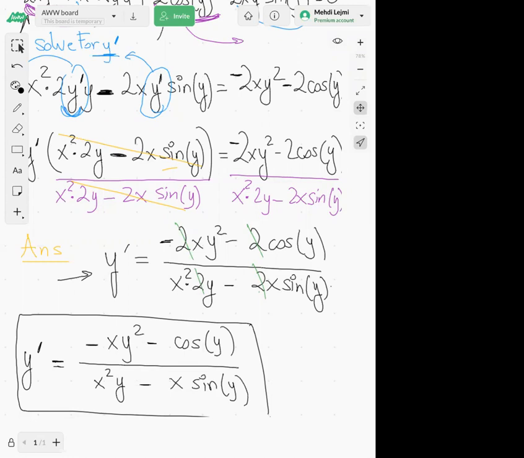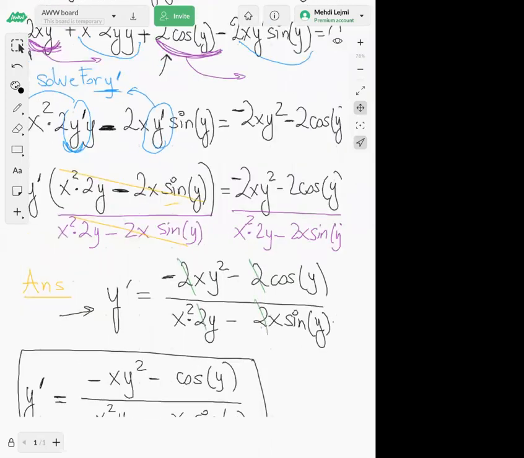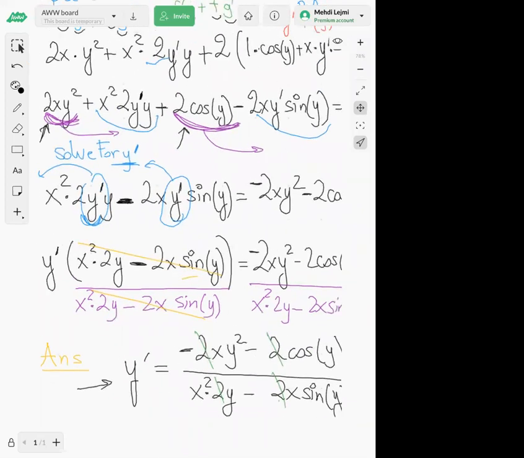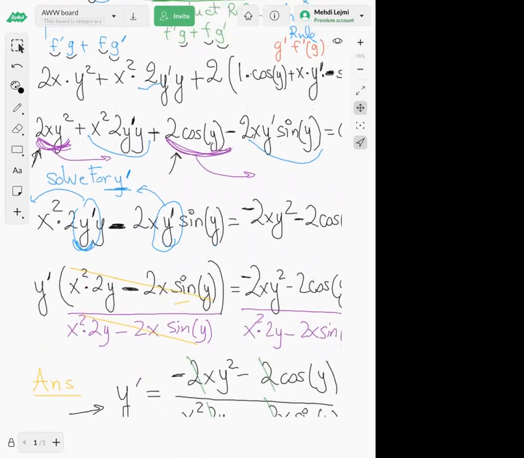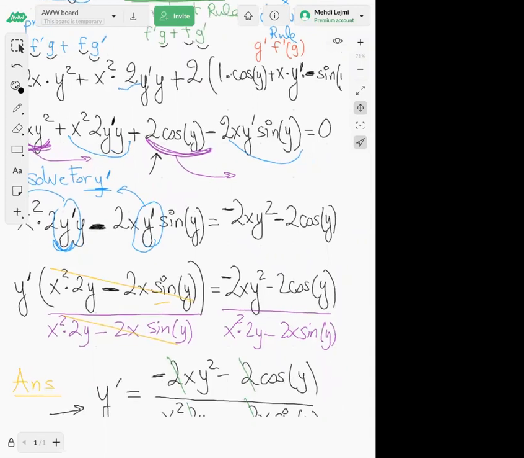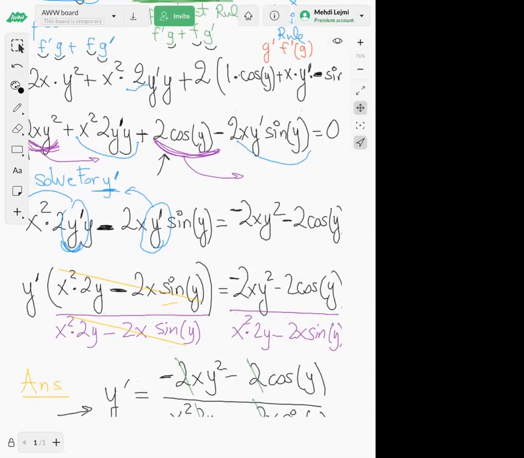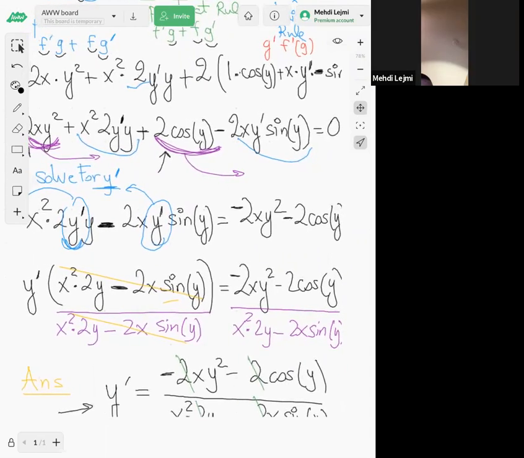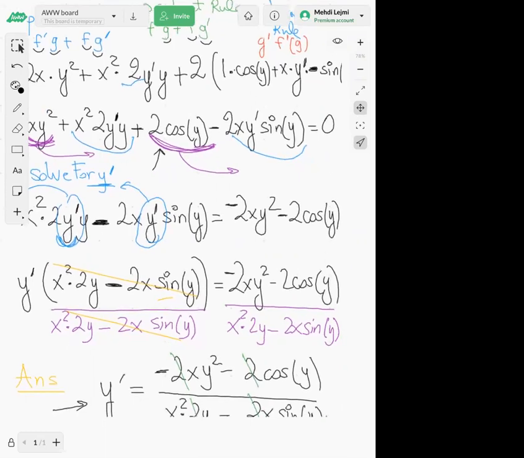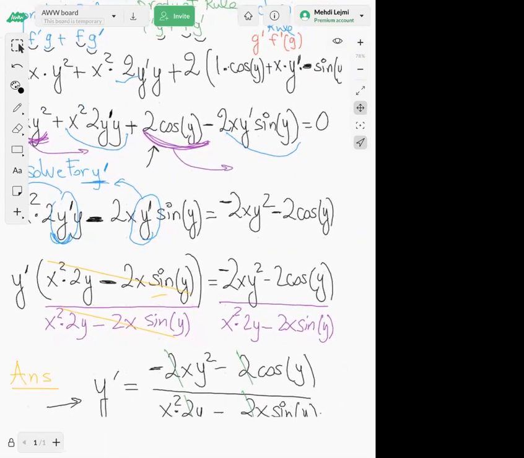Professor, I made a mistake too in that problem. With my calculations, I got y prime equal to negative 2x y squared minus 2 cosine y, divided by 2x squared y minus 2x sine y. Yeah, that's correct.